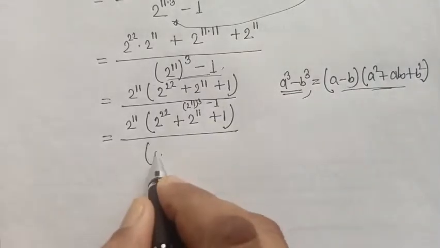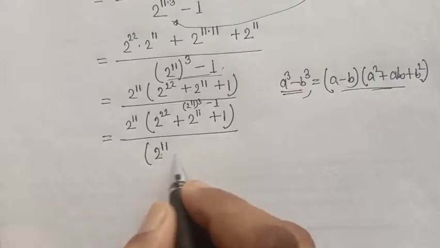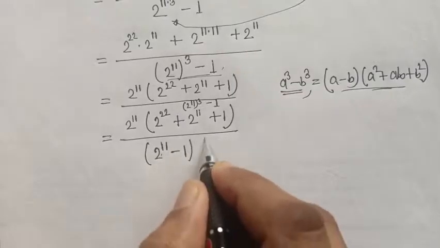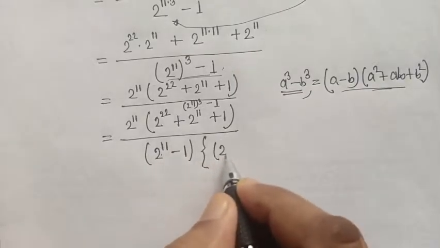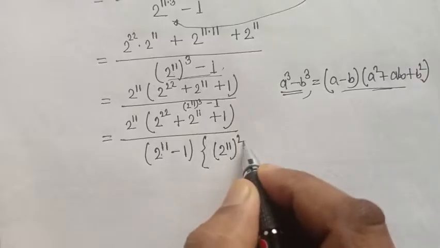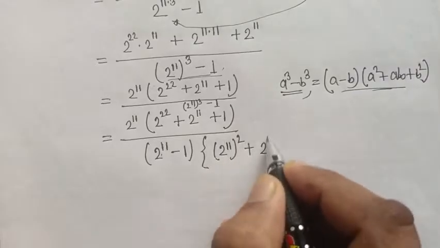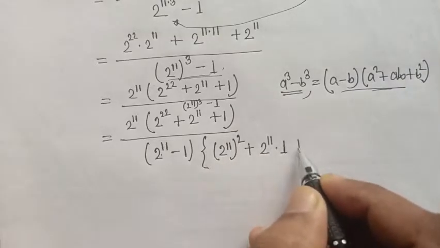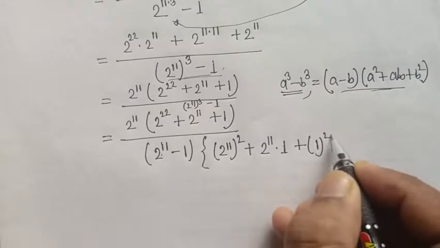We can write 2 to the power 11 minus 1, 2 to the power 11 square plus 2 to the power 11 into 1 plus 1 square.